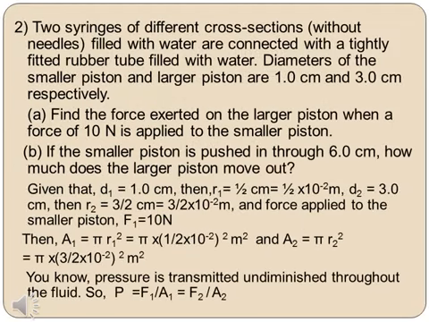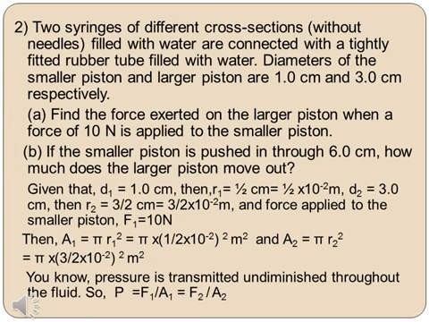Second question is, two syringes of different cross sections without needles filled with water are connected with a tightly fitted rubber tube filled with water. Diameters of the smaller piston and larger piston are 1.0 cm and 3.0 cm respectively.